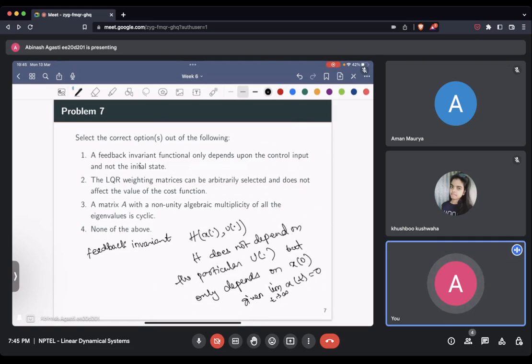Okay, this is the definition of a feedback invariant functional. So by that definition, this option is incorrect.